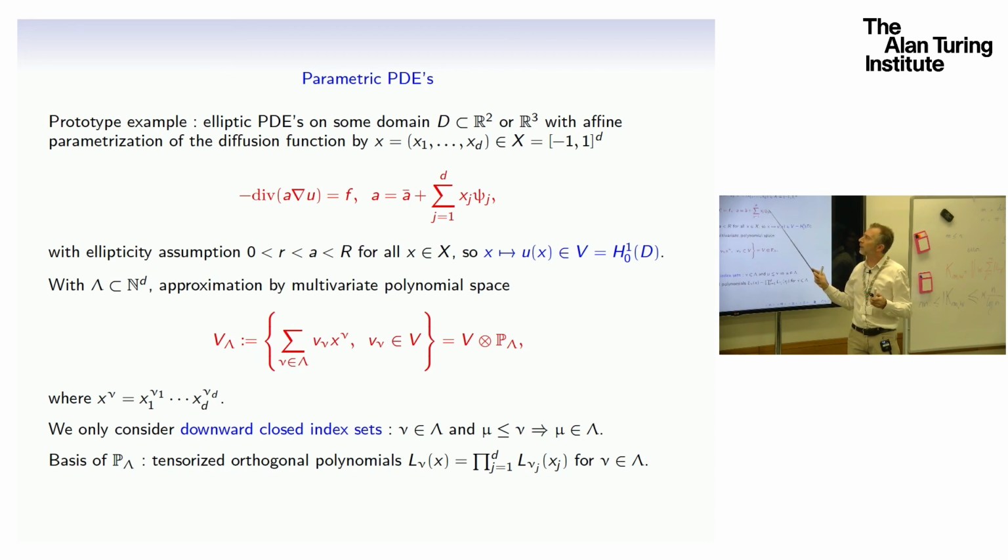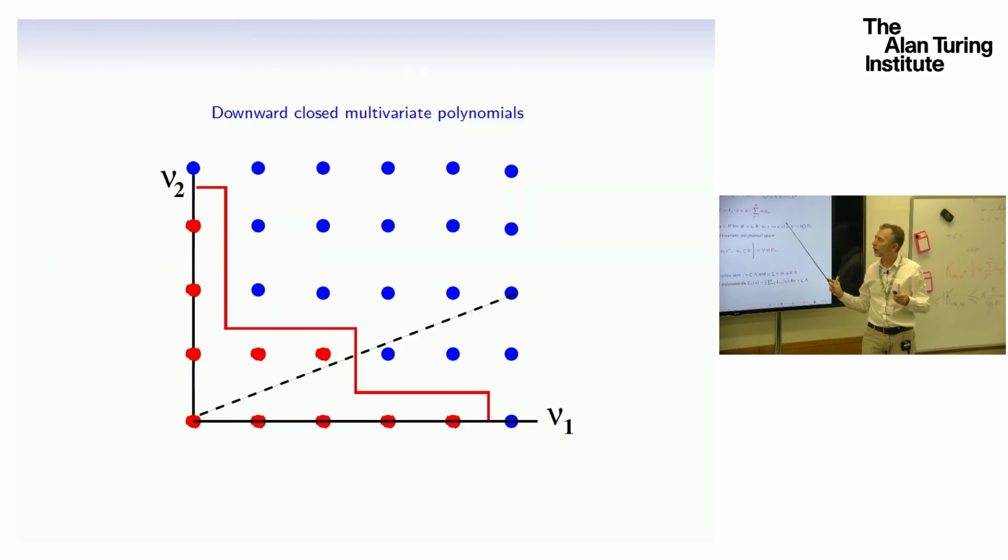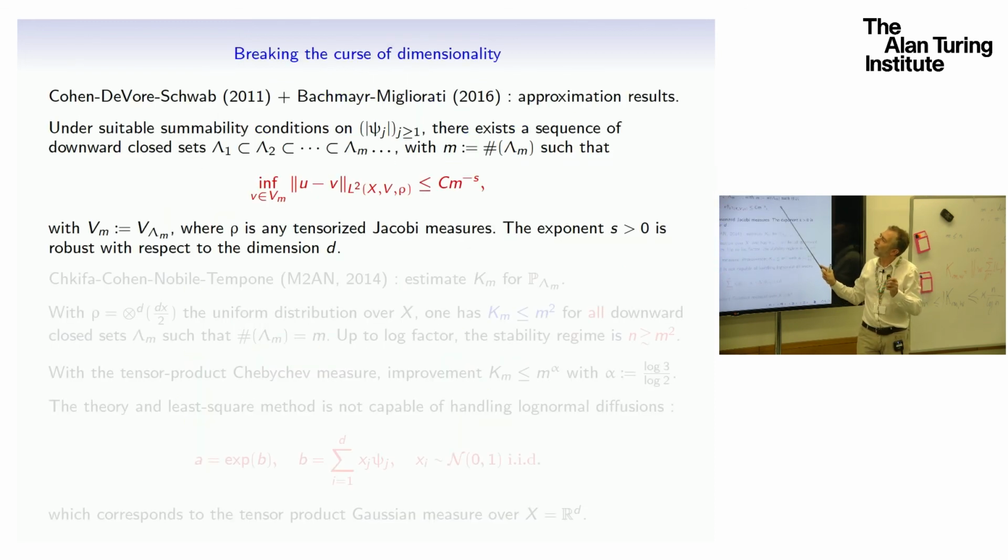Okay? It's quite natural that this function psi j should have some decay or some summability, because if you want something like this to hold, then this series has to converge one way or another when these xj are between -1 and 1. I'm being a little bit vague here because there are many different variants of this result.